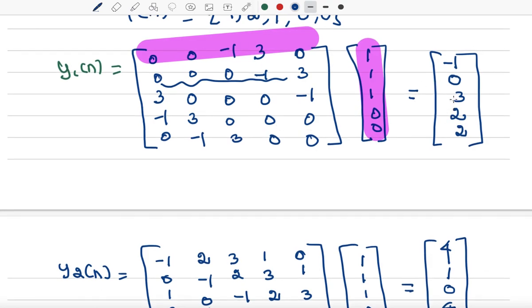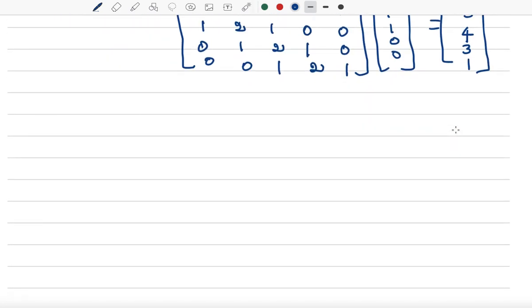Considering the first input, we are having n equal to 5. We want to discard the first m minus 1 terms and consider the remaining 3. What's the remaining 3 values? 3 2 2. So the final output y of n equal to 3 2 2.